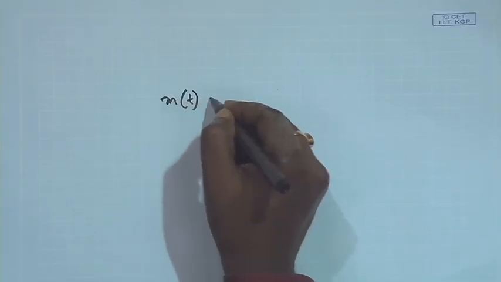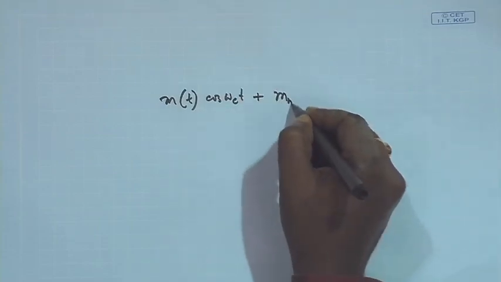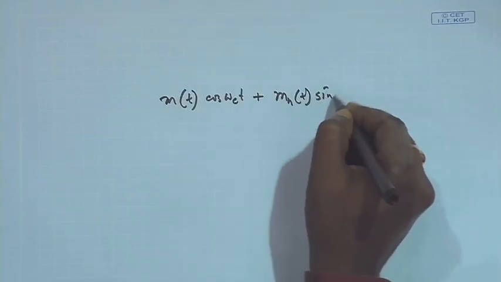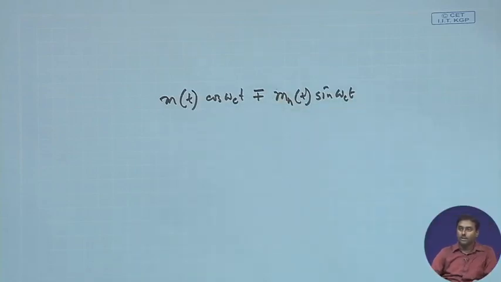It is possible through a transform called the Hilbert transform. If you do the Hilbert transform, then you can represent this particular signal as m(t) cos omega ct plus m_h(t) sin omega ct. Of course, it is plus or minus, so accordingly you will get either the lower sideband or the upper sideband.